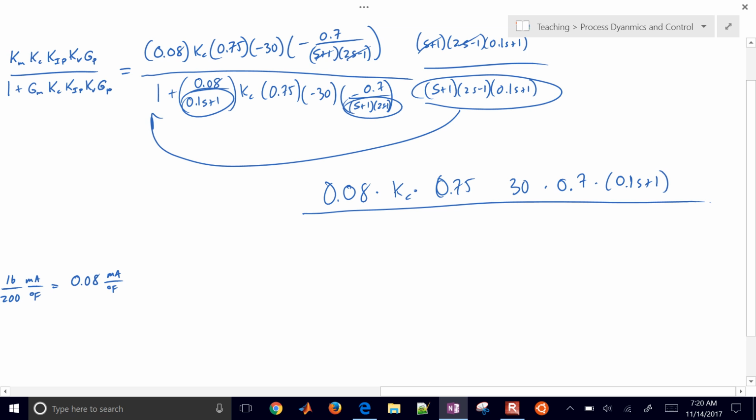That's going to be the numerator, and then our denominator, and then the remaining terms there.